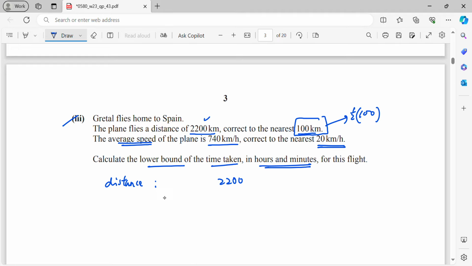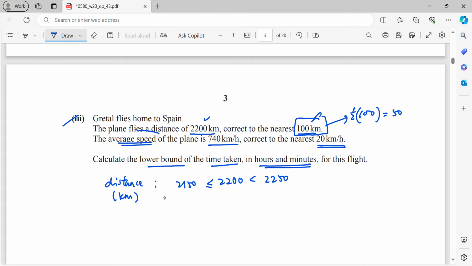You have to plus and minus half of this degree of accuracy. Half of 100 is basically 50. That means for the upper bound, you plus 50 to 2,200, which is 2250. So it will be less than 2250. Then for the lower bound, you minus 50 from 2200, which gives 2150. This will be the interval, the lower bound and upper bound for the distance.